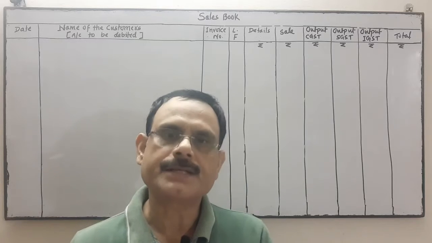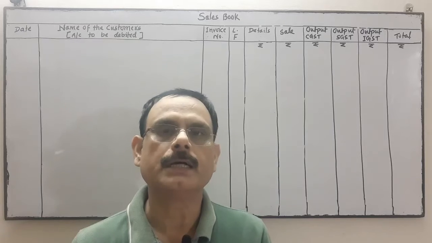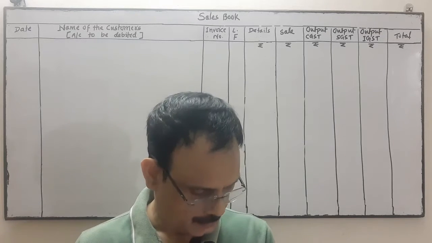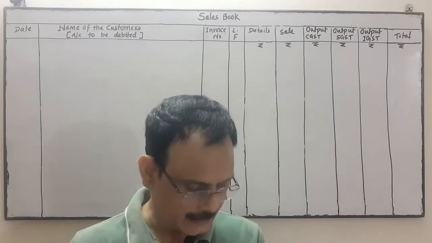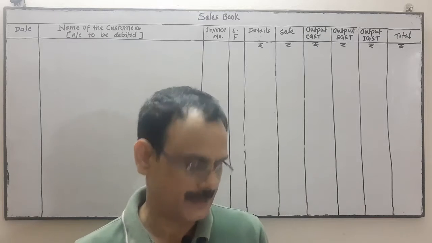Record the following transactions in the sales book of Messrs. Ajanta Electronics, Ranchi, Jharkhand, assuming CGST at the rate of 9% and SGST at the rate of 9%.